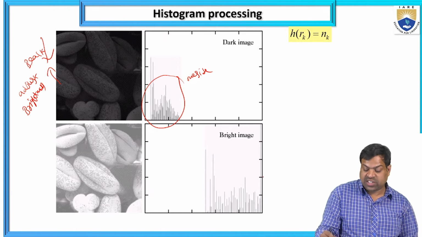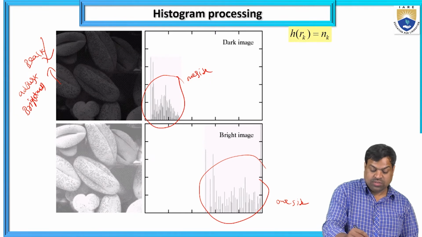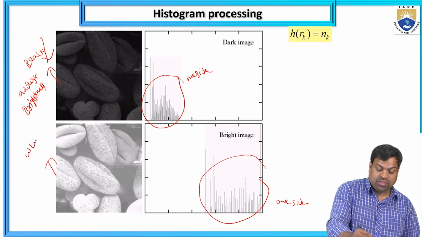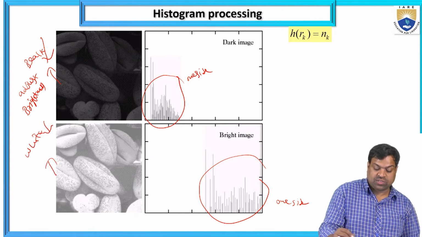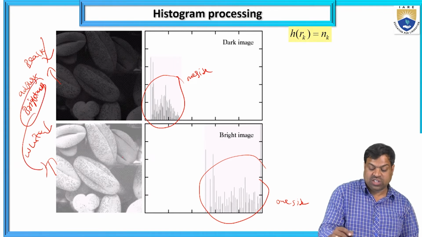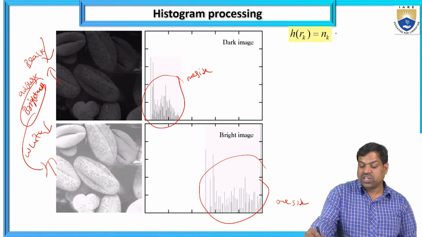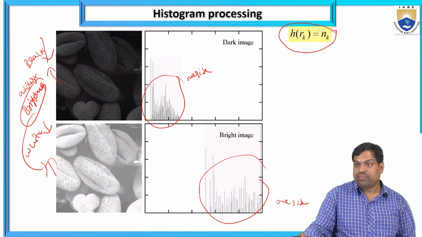Here only white is high, one side, so I have to decrease the white. It is also an adjustment of the brightness. What is the formula for adjusting it? h of r_k equal to n_k.